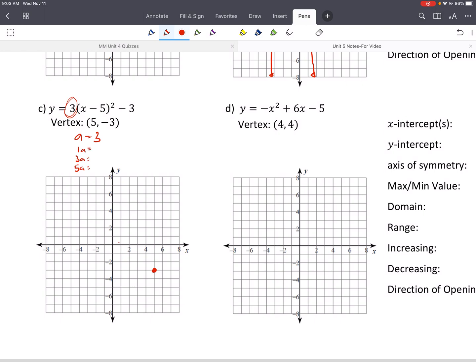So 1 times 3 is 3, 3 times 3 is 9, 5 times 3 is 15. And now we'll go over 1, up 3, over 1, up 9, which is, well, I'll just put it there so we have 5 points. And we've got it. So we connect those dots, do the best we can.